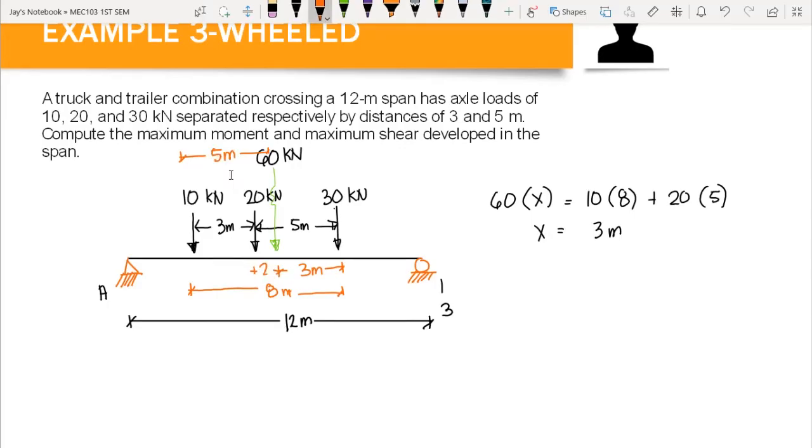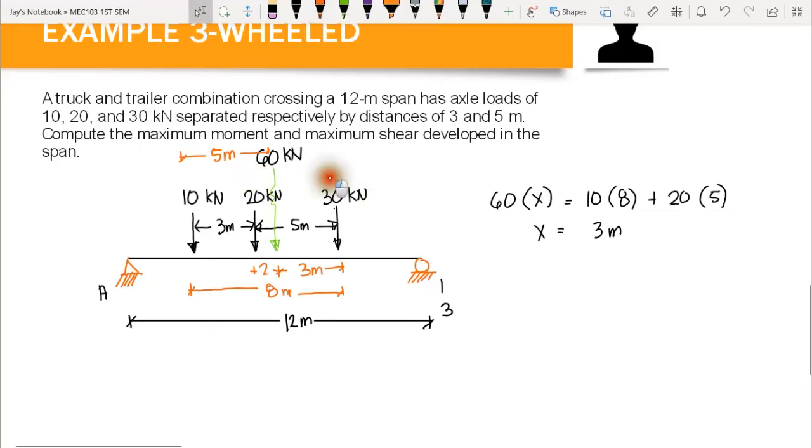Okay? So since we now have the location of our resultant, we can now compute for the maximum shear by positioning the load on the support. We just refer to the outside loads, which are 10 kilonewton and 30 kilonewton. So we exclude 20 kilonewton here.